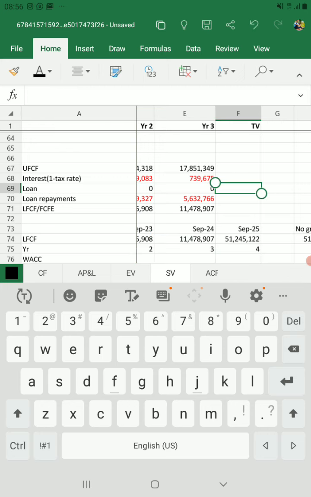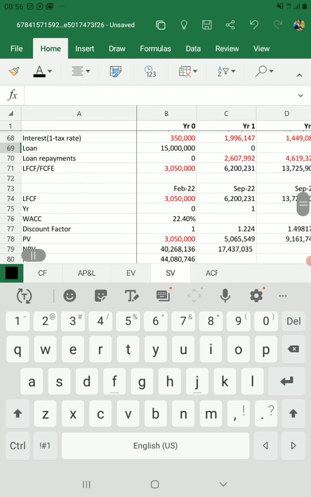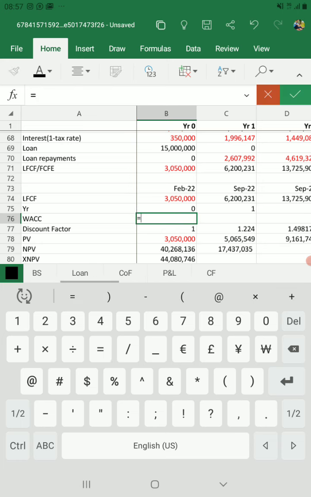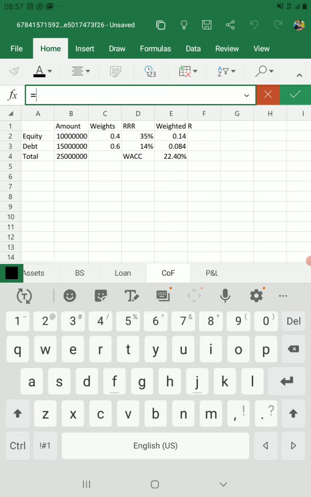And for the cost of capital, instead of weighted average cost of capital, we are now going to use cost of equity. So again, I start with an equal sign, go to our sheet for cost of funds, and now we pick this 35%, which is the required rate of return for equity holders, an absolute figure, not a weighted one.